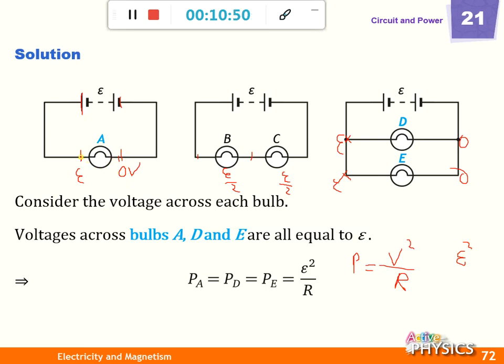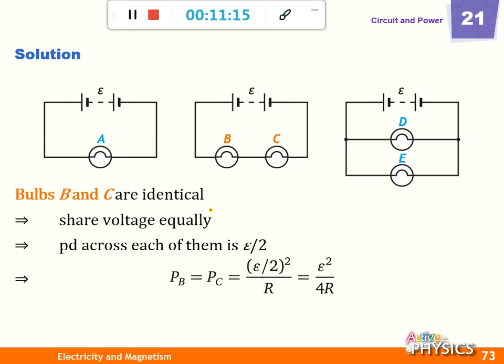What is the resistance between it? Here is R. How about this? Between it is R. So R should be R. Then after the calculation, this one is P. This one shows us that A, D, and E have the same power, same brightness.